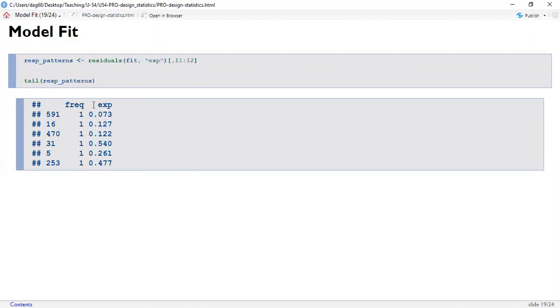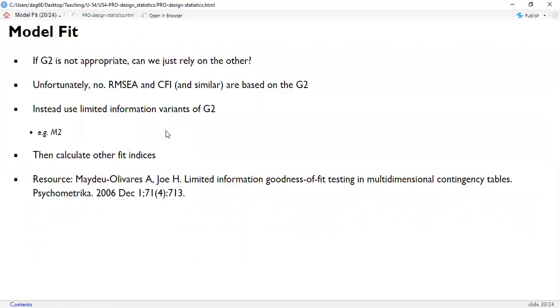The frequencies observed are all 1, and the expected values are all below 1. So you can already see this is a sparse table. If I showed you the top 6, you would see the same type of thing. So we know from statistical theory that the type 1 error rate is not likely to be accurate when we have sparse data like this. And so the G2 might not be appropriate.